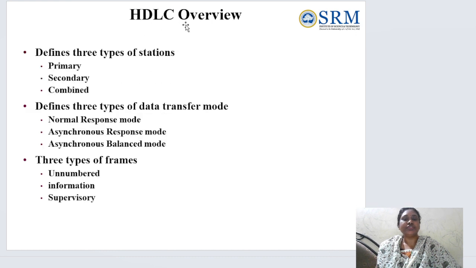Next, HDLC can apply three kinds of elements. The first one is stations, which can be primary, secondary, and combined. Then there are three data transfer modes: normal response mode, NRM; asynchronous response mode, ARM; and asynchronous balanced mode, ABM. And there are three kinds of frames: unnumbered, information, and supervisory.